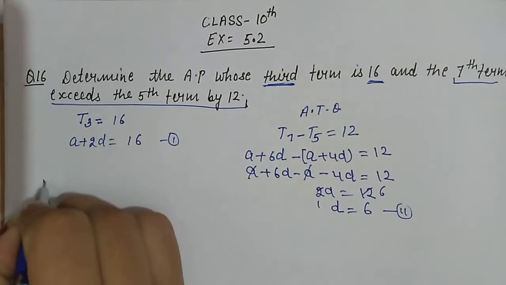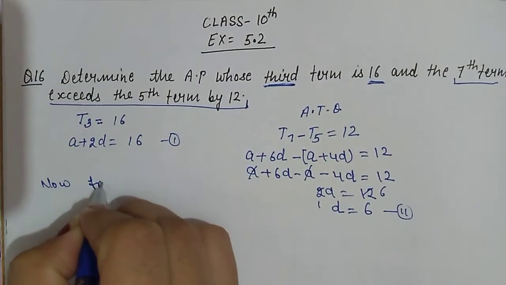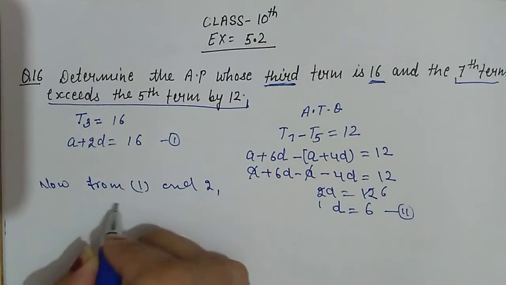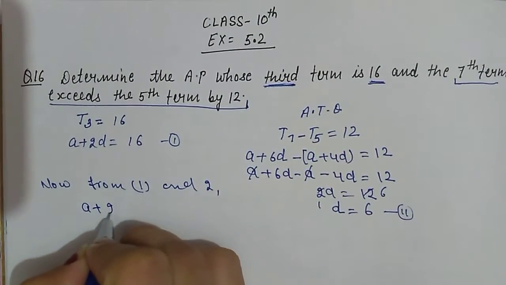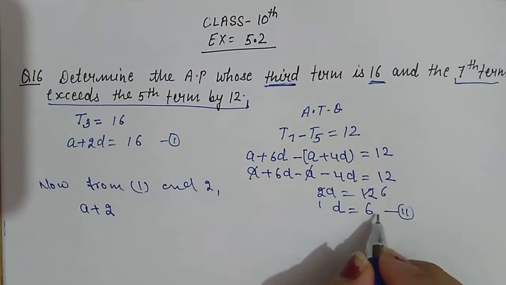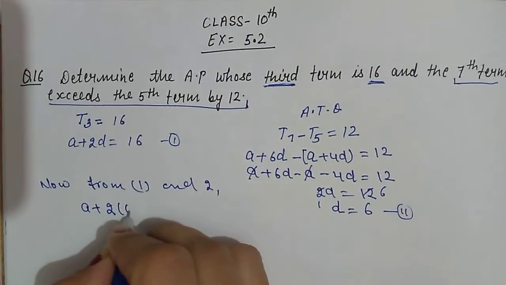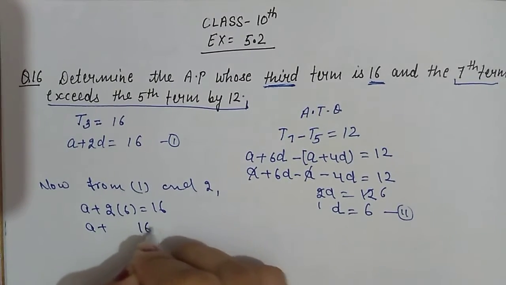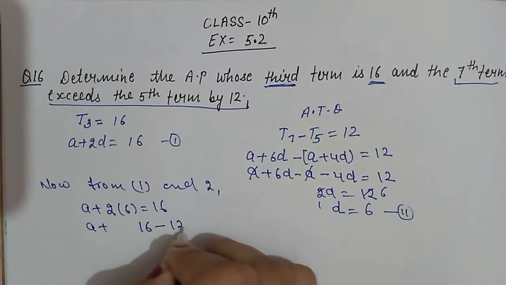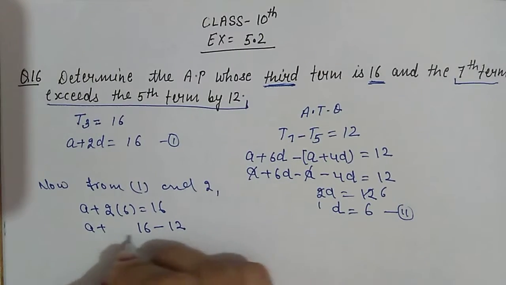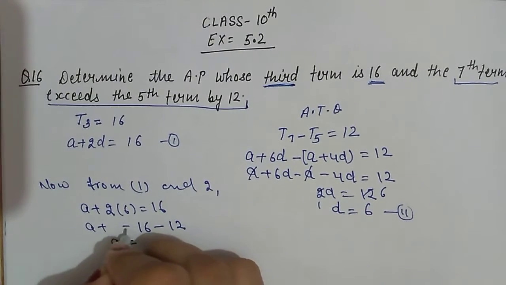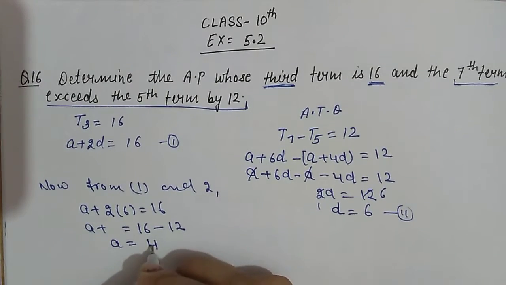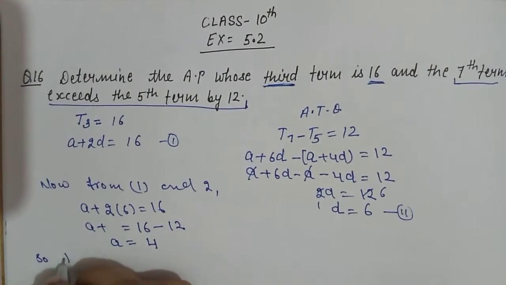So in equation 1, what do we have? A plus 2 at the place of D we write 6, that is 16. A plus 12 is 16. It means A is equal to 16 minus 12, which is 4.